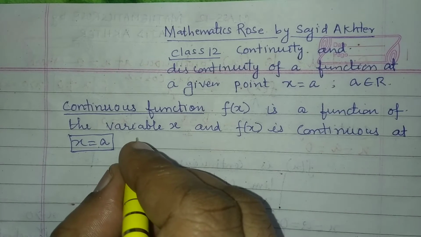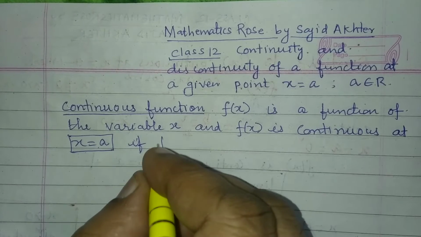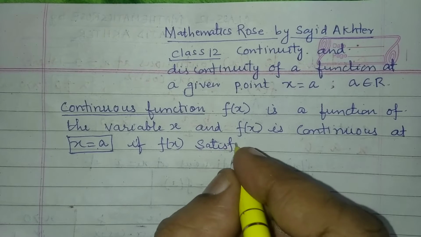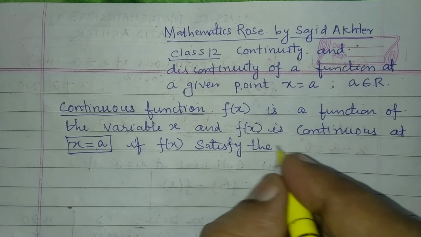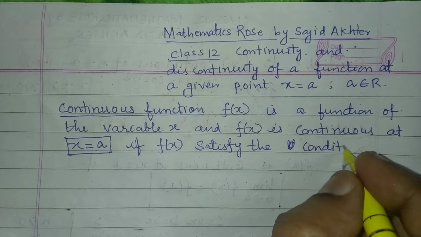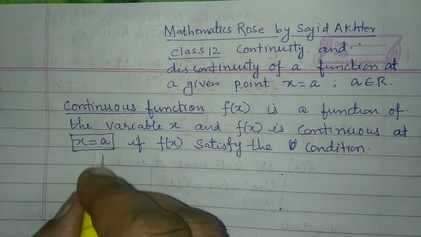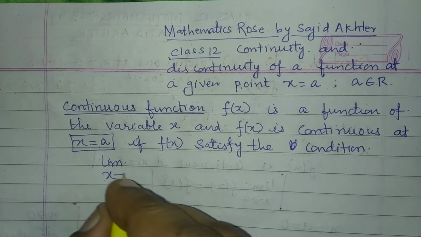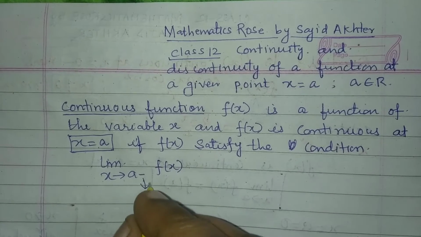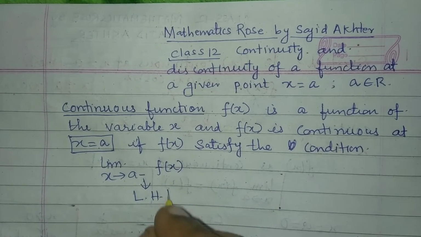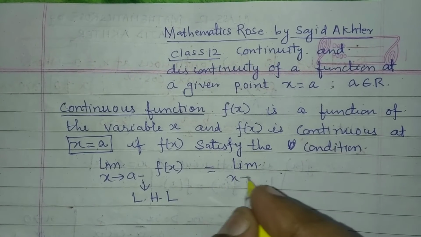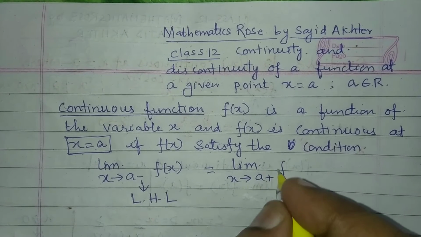Then, if f(x) satisfies the condition: limit x tends to a minus f(x), which you know is the left hand limit, is equal to limit x tends to a plus f(x).